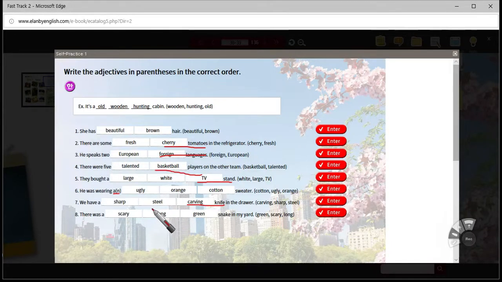And the material would be steel, and I'm describing what the steel carving knife is like. Sharp. There was a scary, so again, another impression right here. Scary. A long green snake. So the shape, not really a shape, but something like it. So a long green snake in my yard. Now, I don't know if your ebook is working. Oh, I got that right.